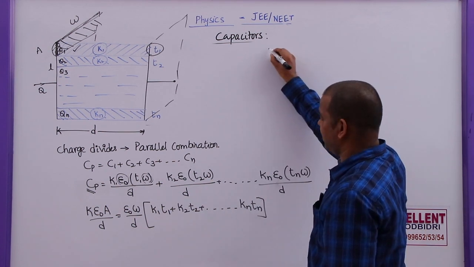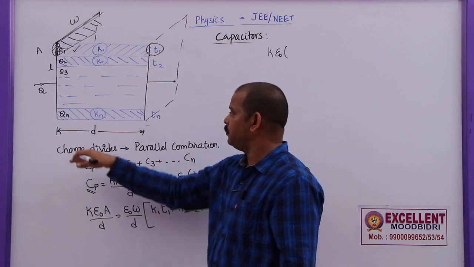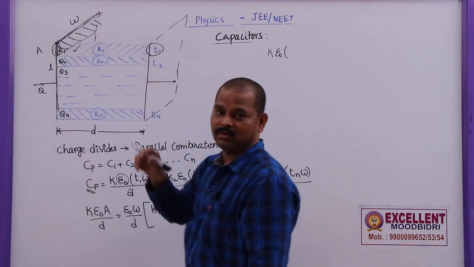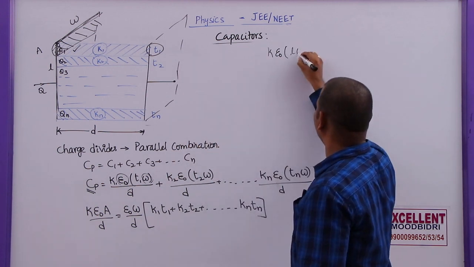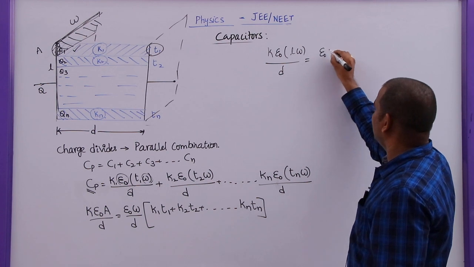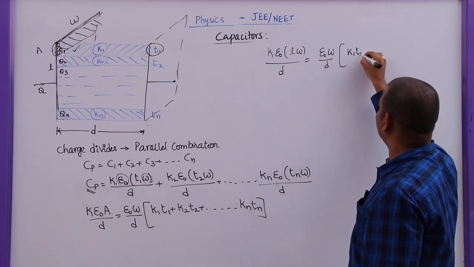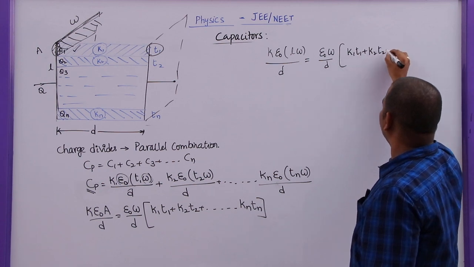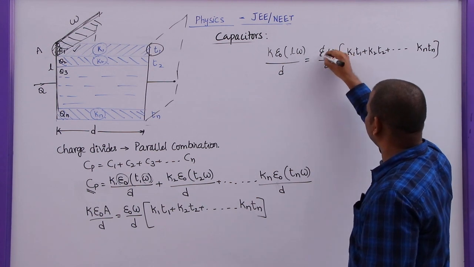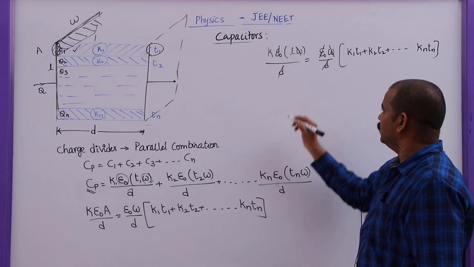Here I can write this as K epsilon naught. What is the area of this plate? Here area is given by length into width, which is L into W by D is equal to, on the right side we have epsilon naught W by D into K1 T1 plus K2 T2 and so on, Kn Tn. You can cancel this W by D here, and also the width of the plate.